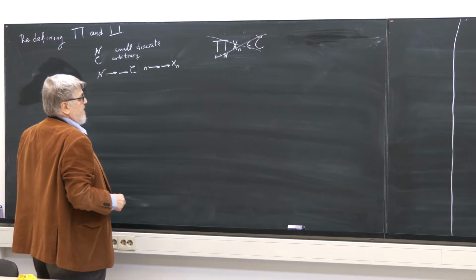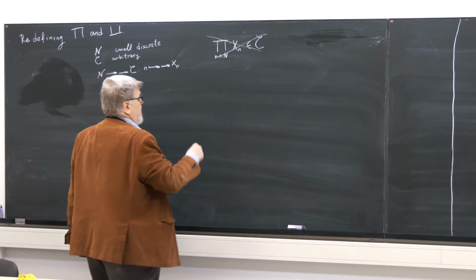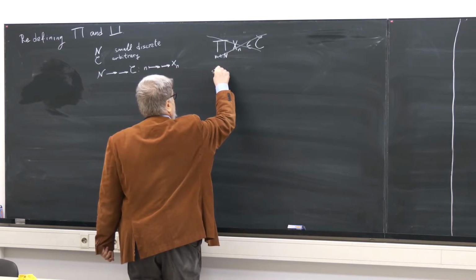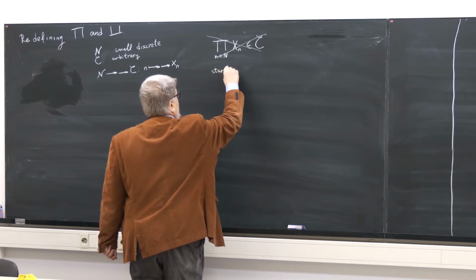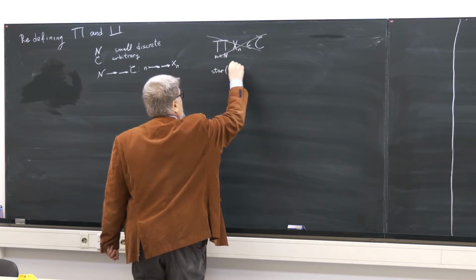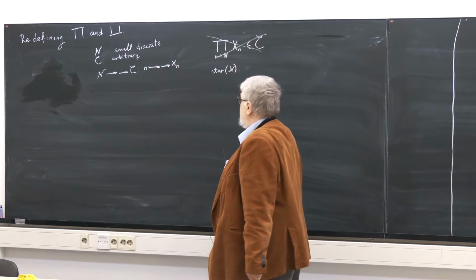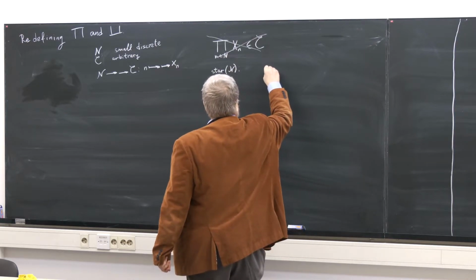To do this, I introduce the concept of star of the discrete category N, and the simplest thing to do is just to draw it.